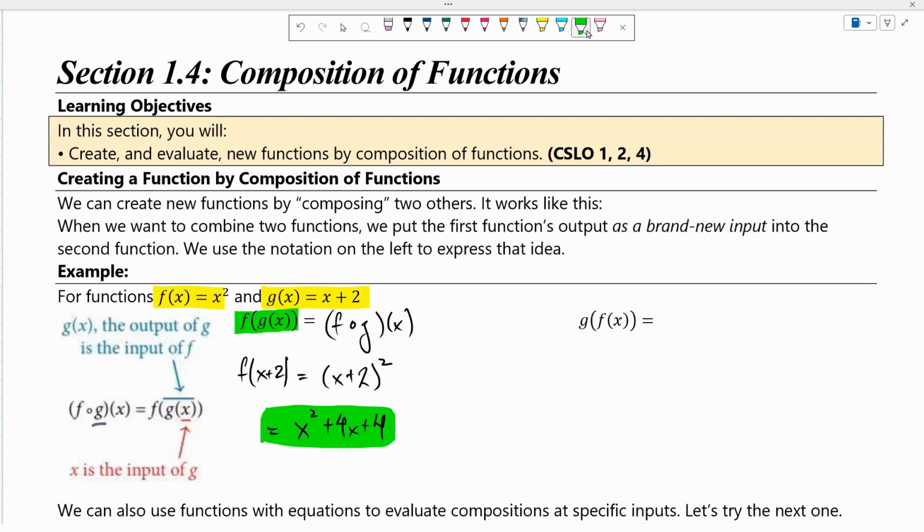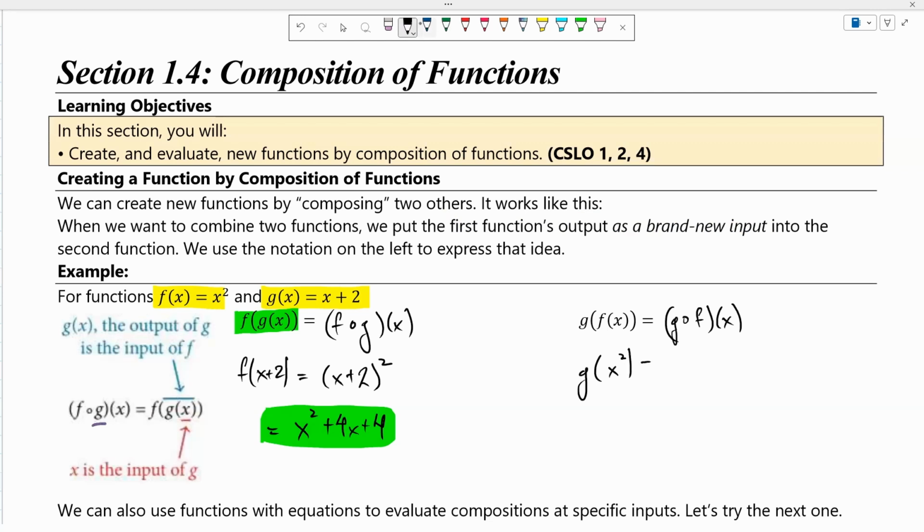Now, if I want to do it the other way, on the right-hand side, this is considered g composed with f of x. What this is saying is I'm going to grab f and stick it into g. This is the same thing as g of x squared, since f of x is x squared.